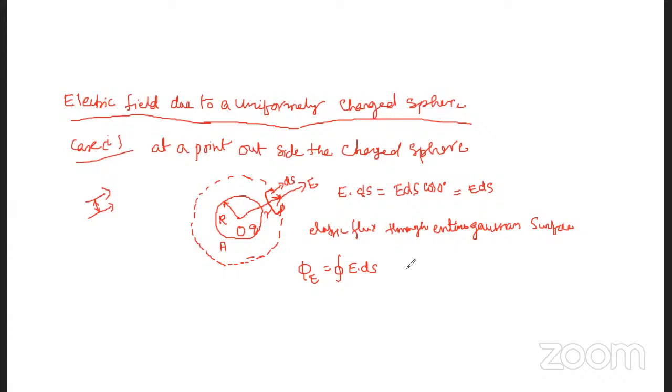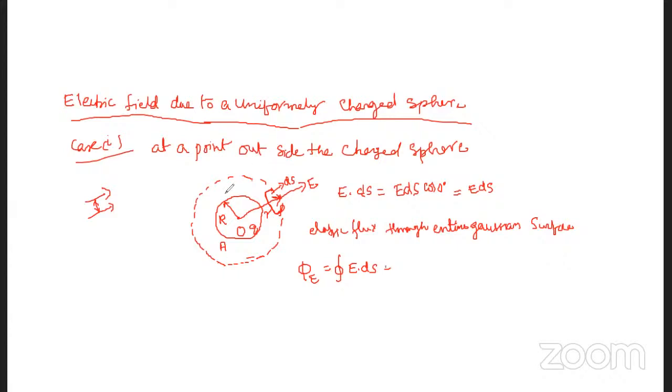So we can take E outside, and it will be E times the surface integral of ds. The surface integral of ds is equal to 4 pi r square, because the area of a Gaussian surface of radius r is 4 pi r square.